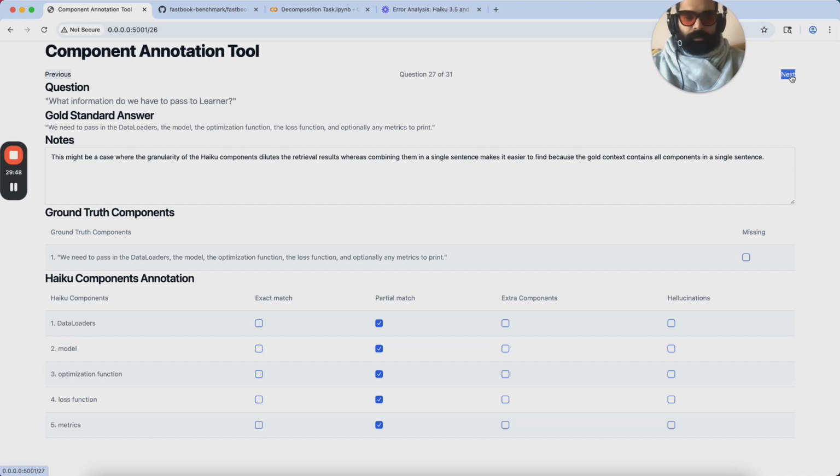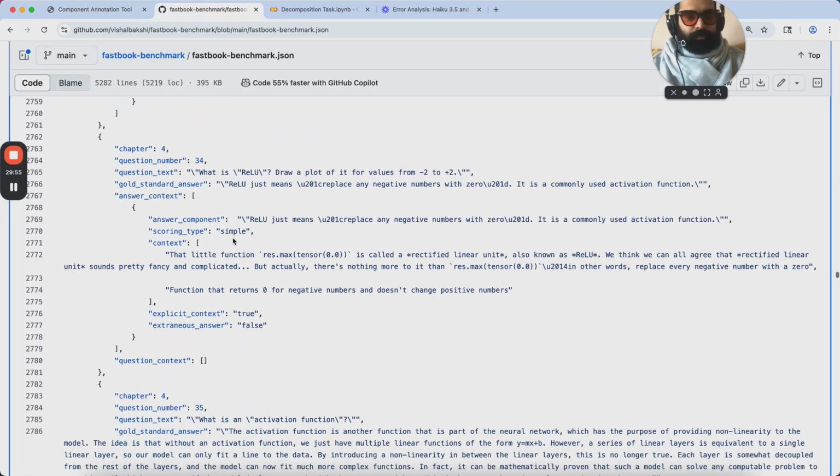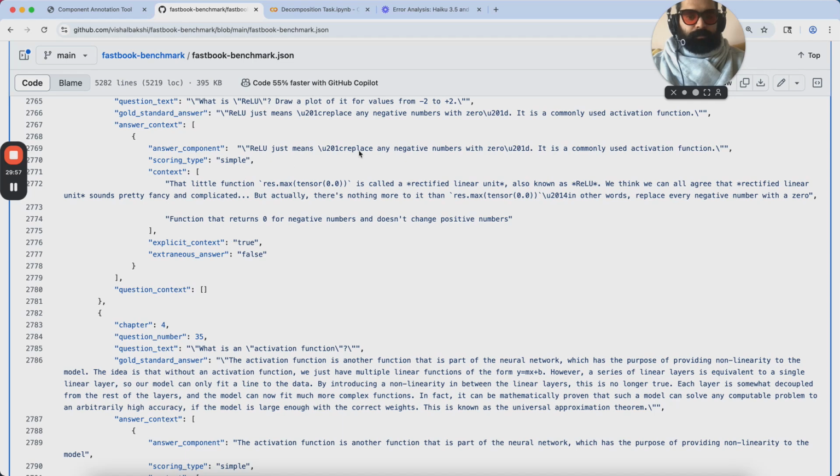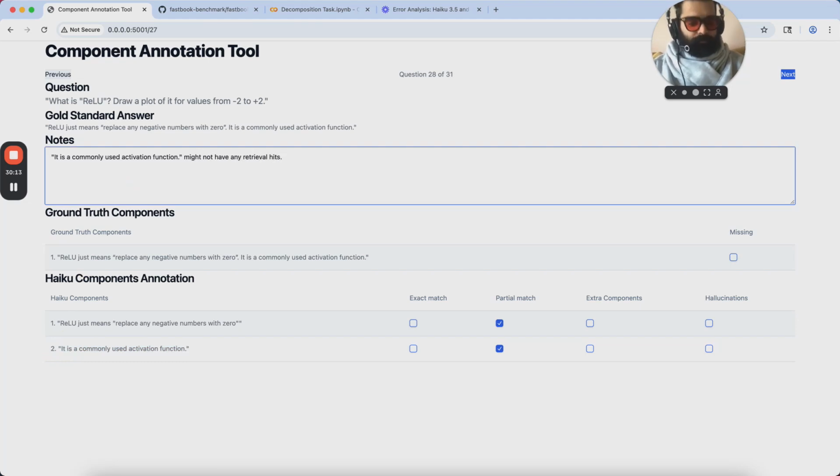Okay, and that's great. It is a commonly used activation function. Let's see if that's in here. I'll ignore. Yeah. So I think this might not have any retrieval hits, as it might not be a phrase used in the text.